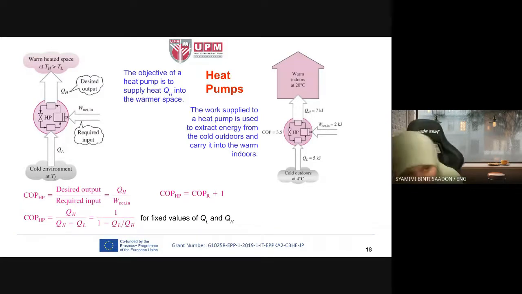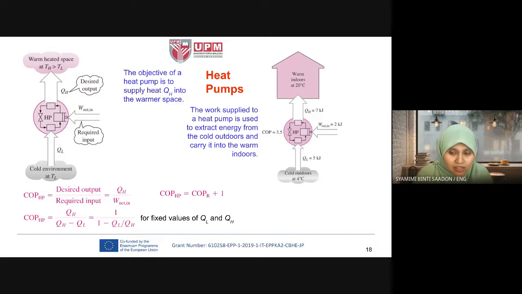How much heat is being created to supply to the indoor. And the required input is the net power input here. So we can also use this definition to calculate the coefficient of performance of a refrigerator and heat pump.